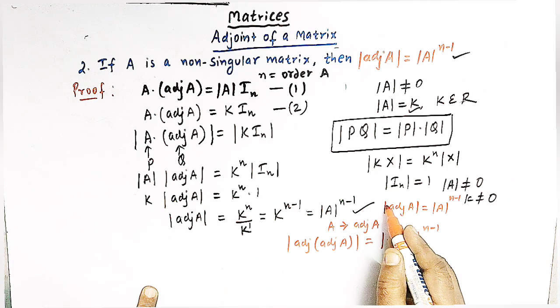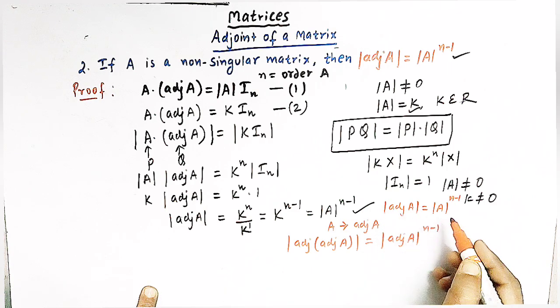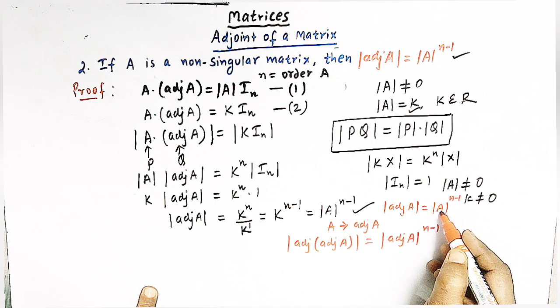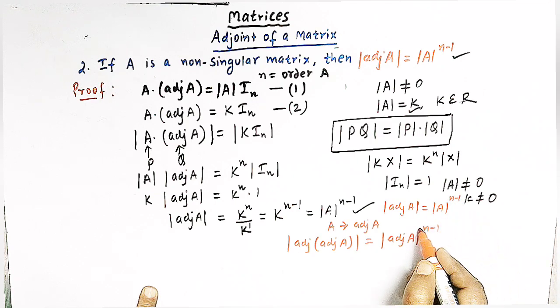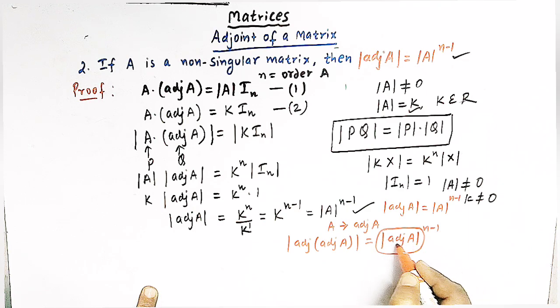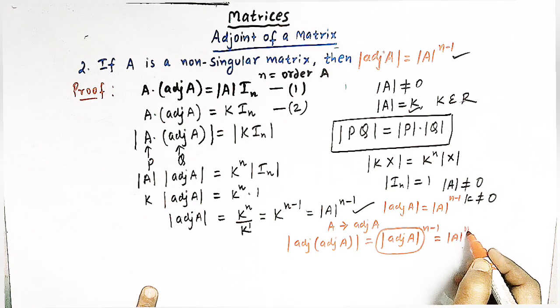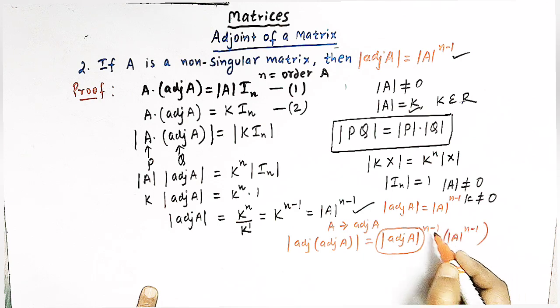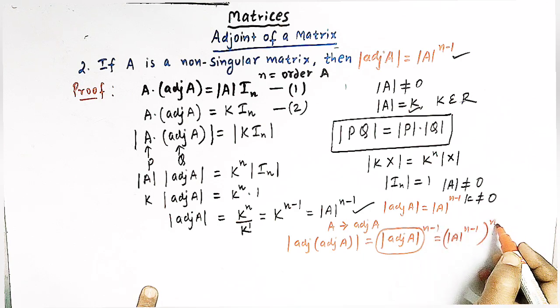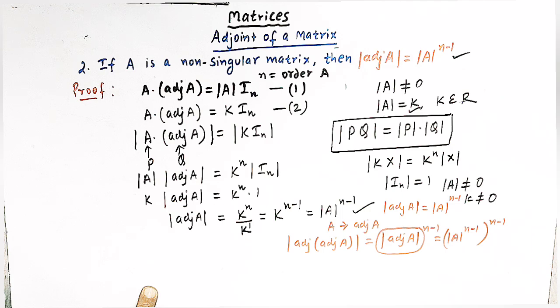The determinant of adjoint of A is equal to the determinant of A raised to n minus 1, so we can replace it and keep the exponent n minus 1. Multiplying these two exponents, we have determinant of A raised to n minus 1 square.